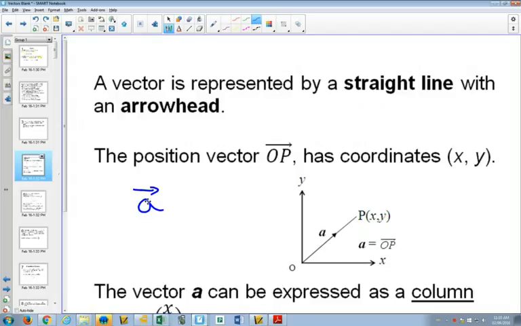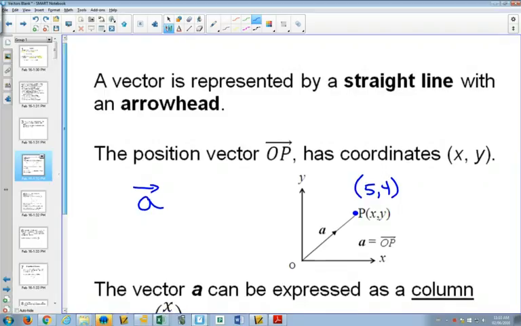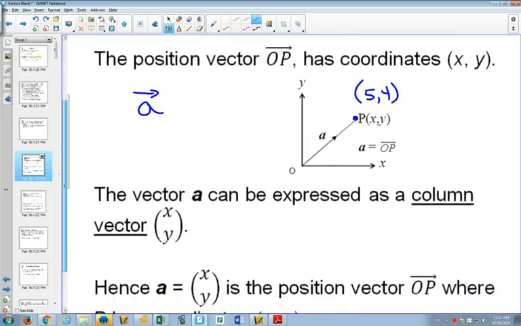Now, let's say we knew the coordinates of this point. Looks like we've gone over 5, up 4. Then we often write a vector as a column. And so we would write that 5, 4, we'd put the x on the top and the y underneath, and we'd write 5, 4 as a vector.